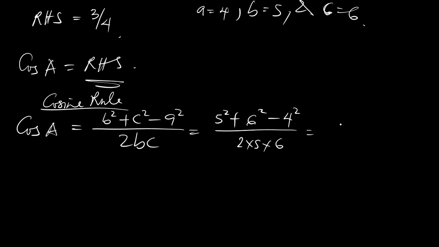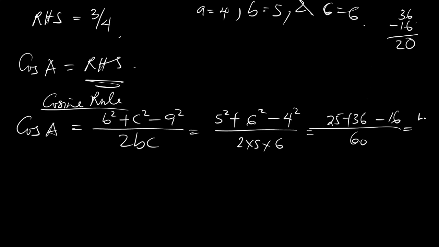This is the same thing as 25 plus 36 minus 16 divided by 60. Now 36 minus 16 gives us 20. If you add 20 to 25, you have 45 divided by 60. Now 15 divides 45 to give 3, and 15 divides 60 to give 4. So we have 3 over 4.